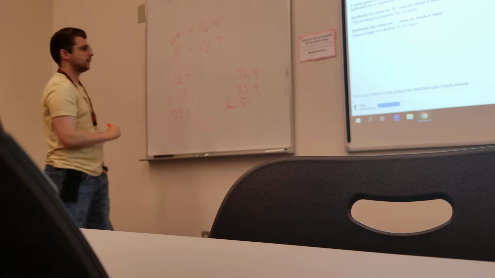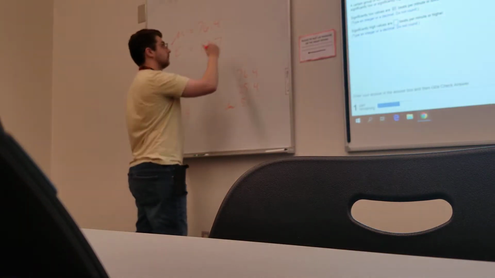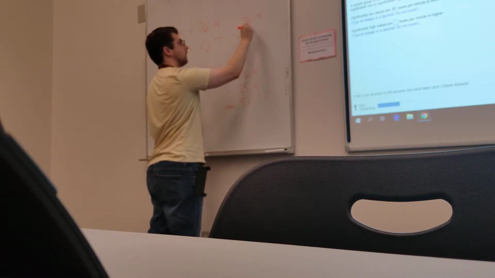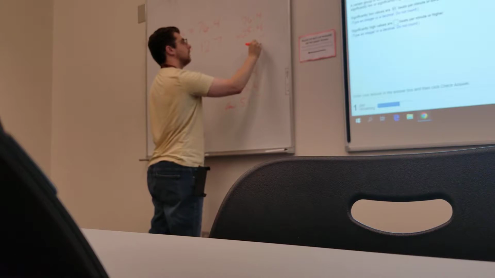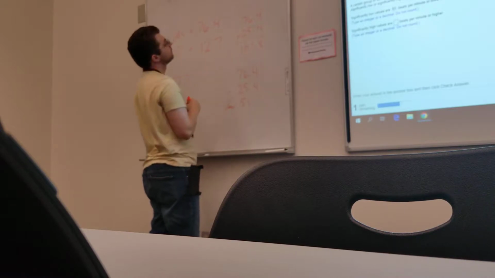If we wanted our high value, we would add it instead of subtracting it. So 76.4. So that would be the answer to the next one? The other one you just add. Yeah, 1.8. So I multiply.